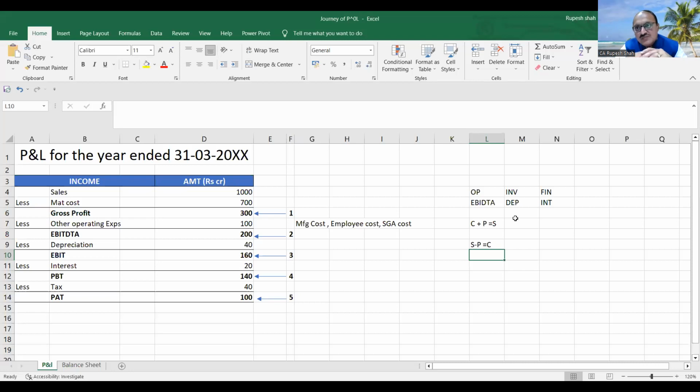Now you will say, Rupesh bhai, aap to sab theory baat kar rahe ho. Give us the example. So say, even at EBITDA level, say you find one manufacturing company has an EBITDA of 7%, and say in the same industry, another company has an EBITDA of say 10%, or say 10.5%. So huge difference, right? Maybe 40-50% difference. So then you go deep and understand why it is so.